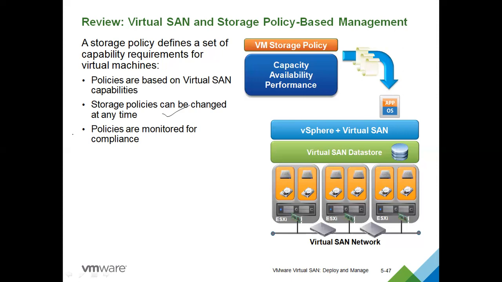So the very first one is what we say is FTT, failure to tolerate 1, with RAID 1. Second could be FTT2 with RAID 1. What does it mean?